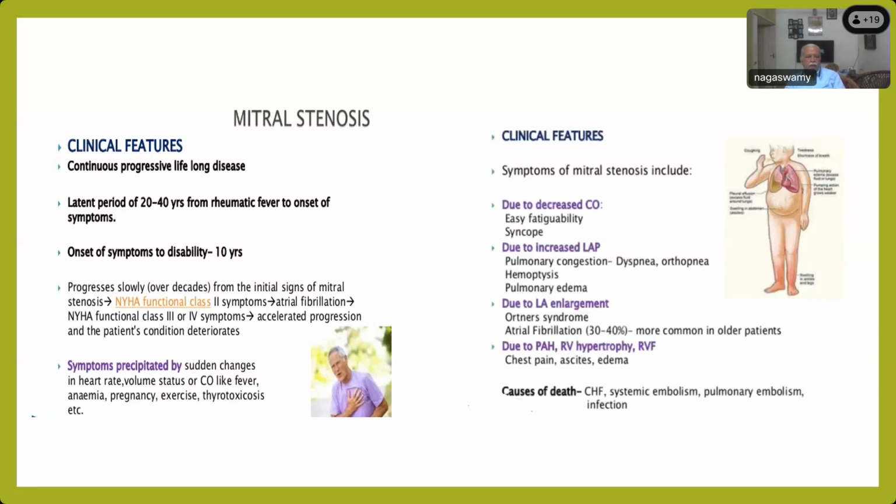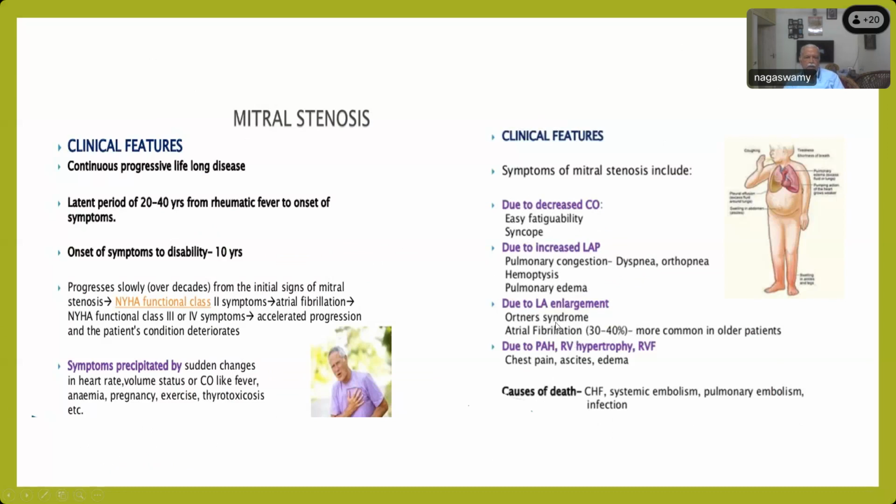And the clinical features are all these things, as I told earlier. Due to decreased cardiac output, the earliest symptoms will be fatigability and syncope. Then later on, with an increase in left atrial pressure, the patient develops pulmonary congestion, dyspnea, orthopnea, pulmonary edema.